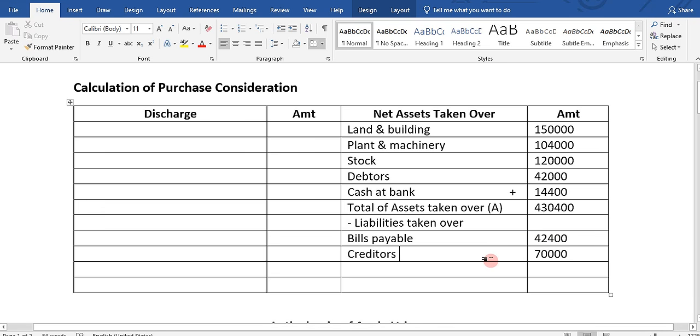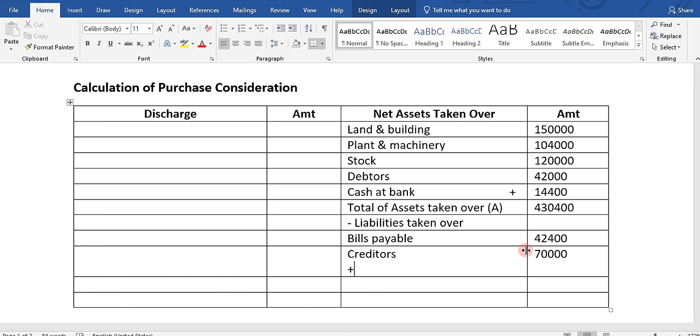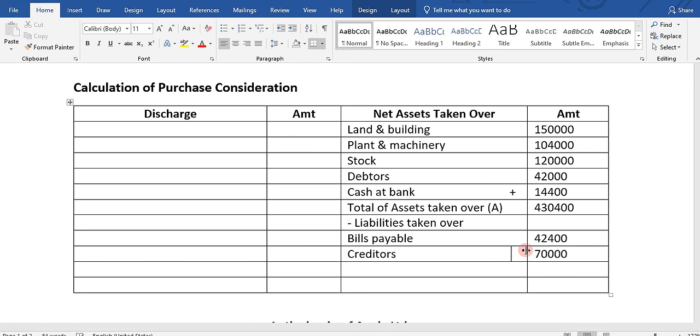So add the total of liabilities. So total of liabilities will be 42,400 plus 70,000. So total will come 1,12,400. So this is the total of liabilities taken over. That is B. Okay.